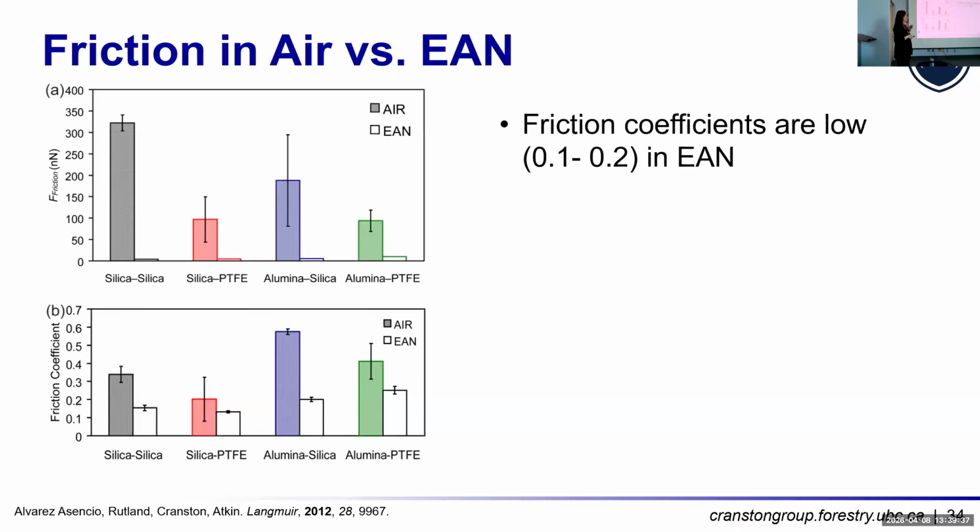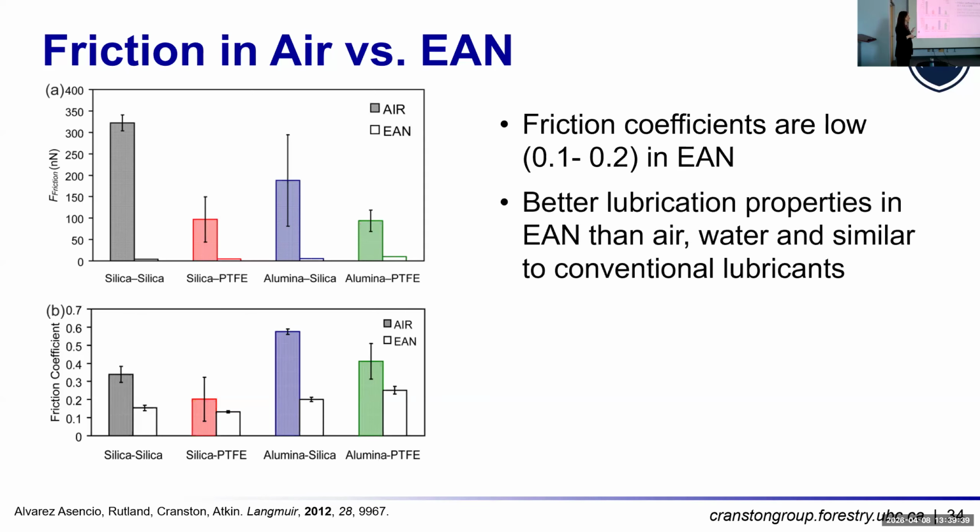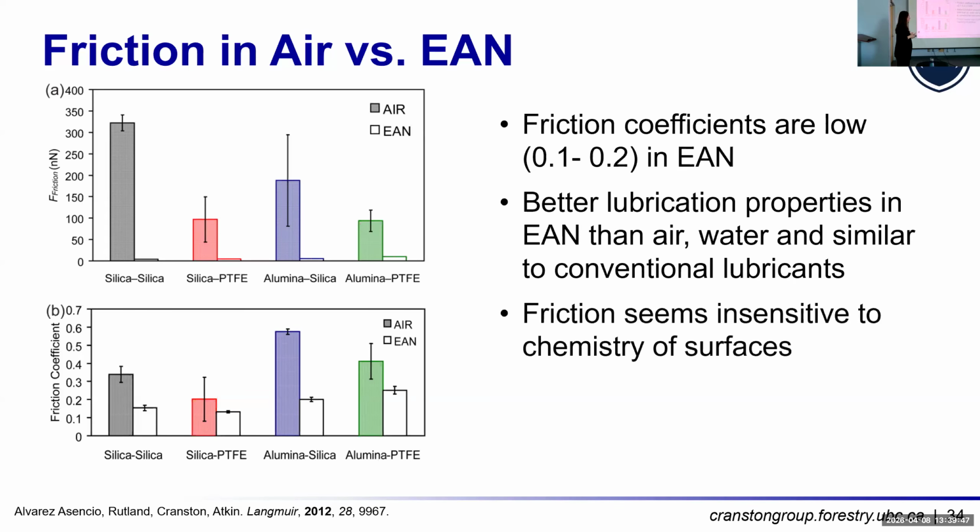So it tells us that the friction and the friction coefficients are really low in ionic liquids. The properties we see are in fact better than in water and similar conventional lubricants, and it's not very dependent on the chemistry of the surfaces. The ionic media basically gets rid of any other intermolecular forces happening between alumina and silica, or with Teflon, for example.